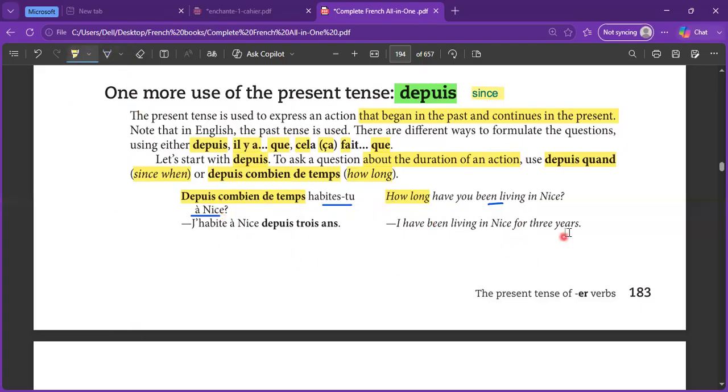So the answer is, I have been living in Nice for 3 years because we know the exact duration, so we'll simply use depuis. J'habite à Nice depuis 3 ans. I live in Nice since 3 years or for 3 years because it's a time duration that began in the past and somehow is continuing in the present as well. So in those cases, we use depuis.